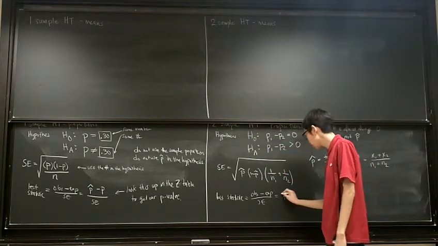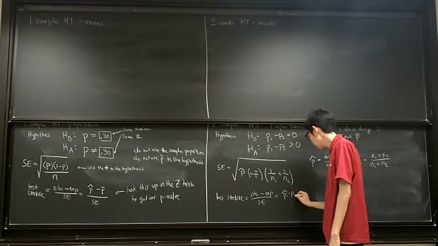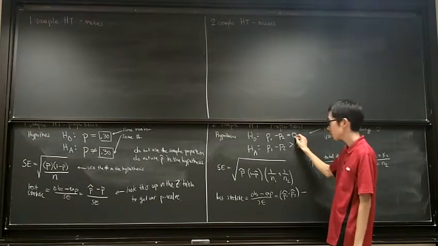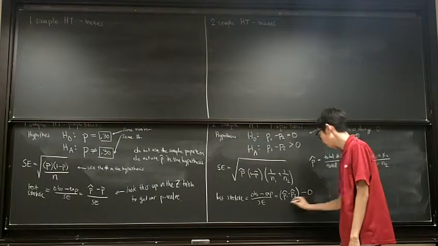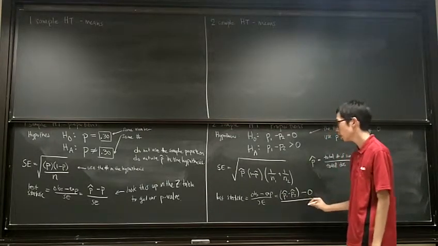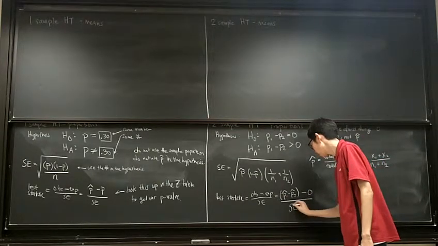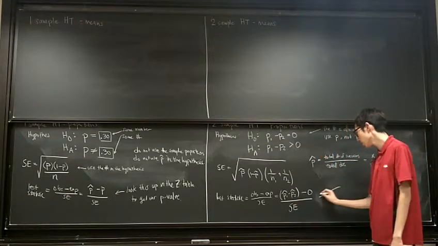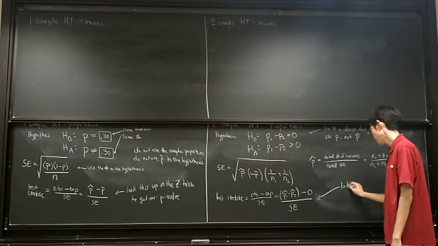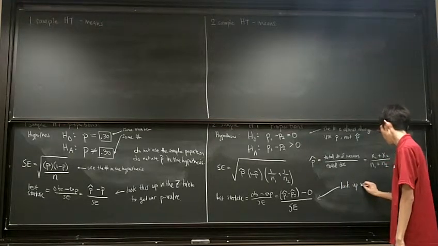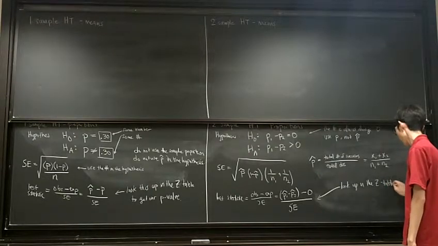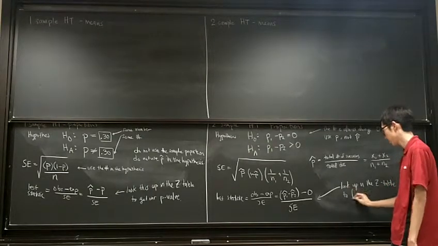My observed is P1 hat minus P2 hat, okay? And what I'm expecting is 0. So I put in the 0 there. And then I divide by my standard error, okay? And whatever number I get here, I look up in the z table to find our p-value.